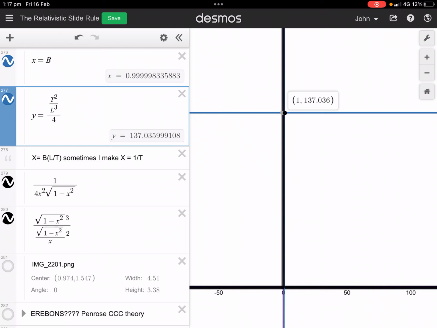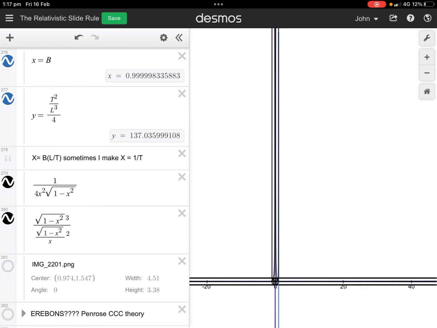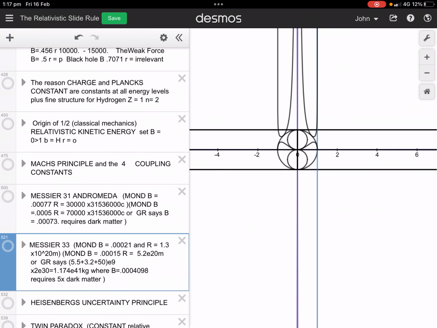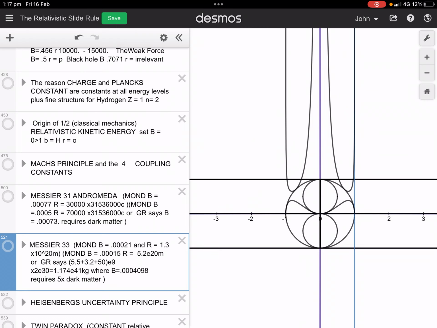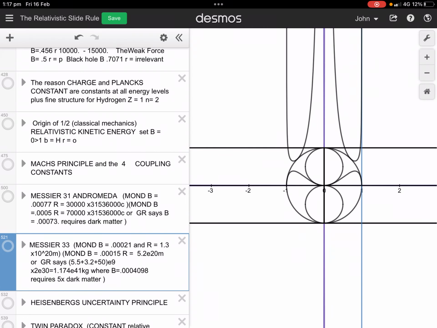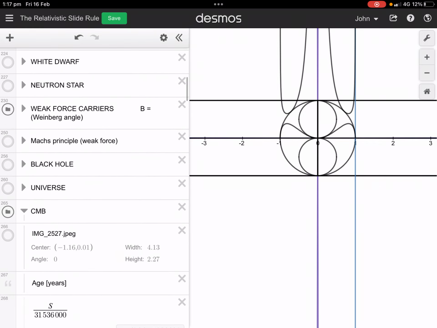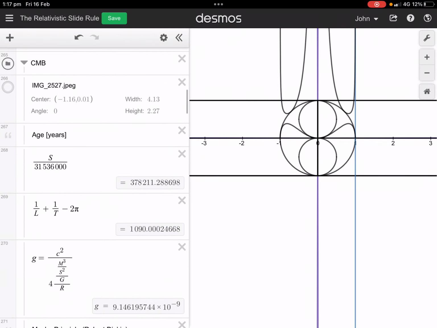So if the force was stronger by 137 back then at the time of the CMB, somehow, I don't know how, this could explain alpha, the fine structure constant. Okay, so that's how I was finding it.